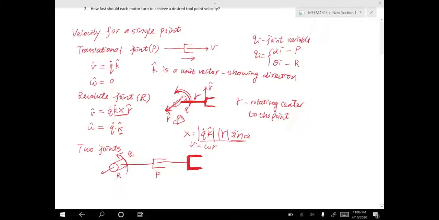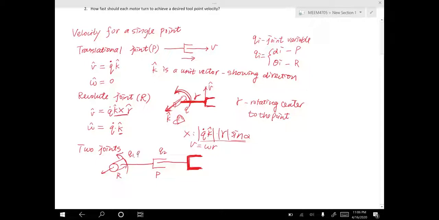This prismatic joint's joint variable is d2, and so we call it q2 as the joint variable. So what is the velocity of theta 1?